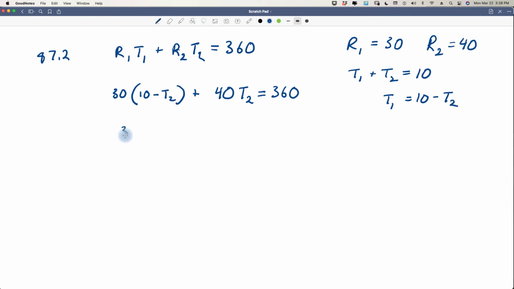So that's 300 minus 30 T2 plus 40 T2 equals 360.